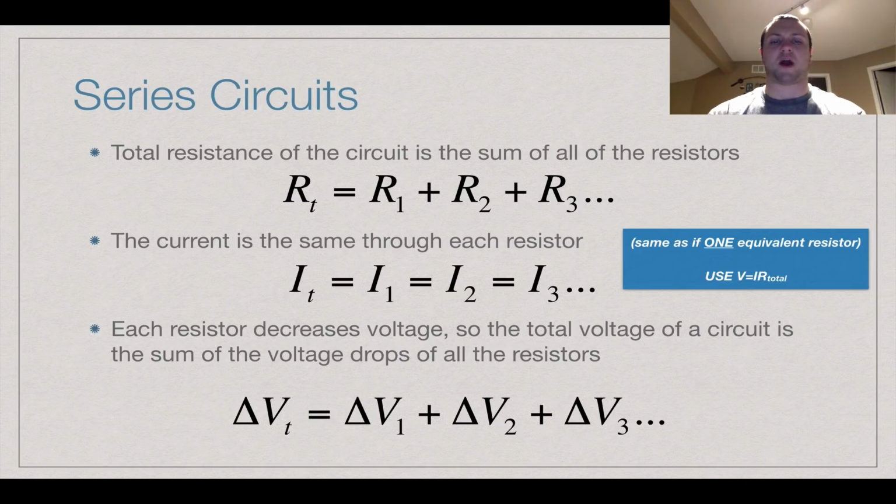Now, one thing I want to point out here is the formula is written as delta V, right? So a change in voltage. Change in voltage is just another way of saying a voltage drop. And a voltage drop is how much voltage is used by that device. So we're not going to see our voltage drops as negative values.